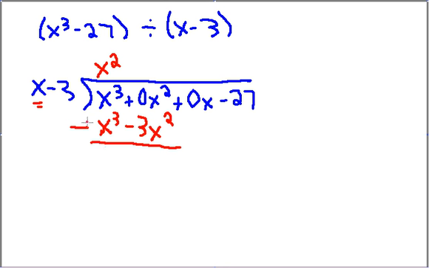What is x to the third minus x to the third? Well, it's 0. Our second term, however, is going to be 0x squared on the top. What is 0x squared minus a minus 3x squared? Well, minus a minus makes it a positive, so 0x squared minus a minus 3x squared is going to be a 3x squared.